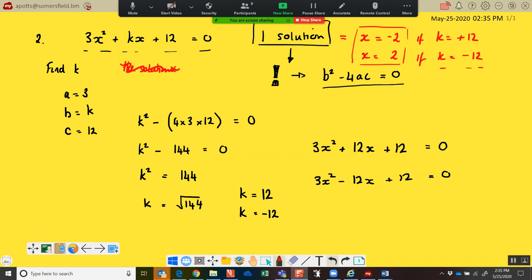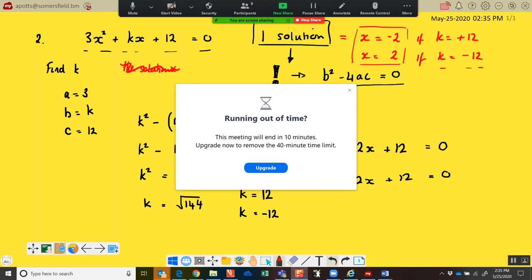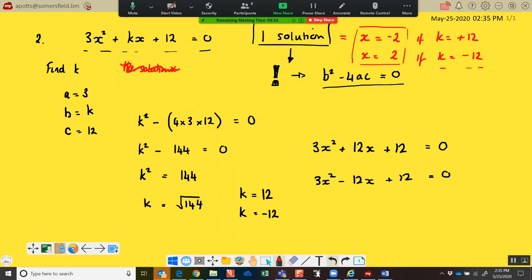As for your end of year assessment, we'll end in 10 minutes. I do believe now that there's not going to be any kind of formal test as such for your end of year assessment, which I think is quite good.